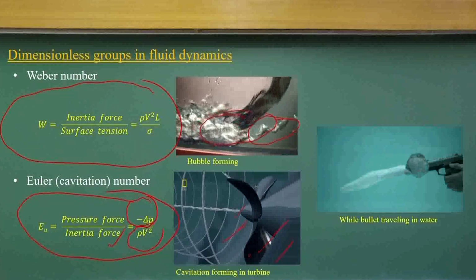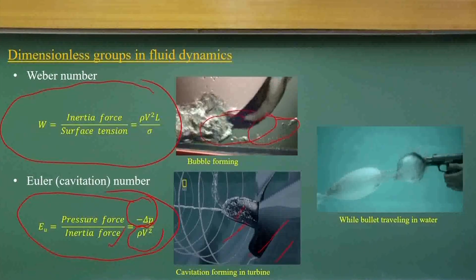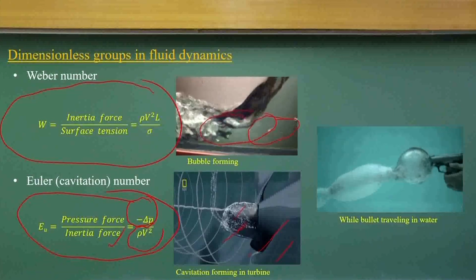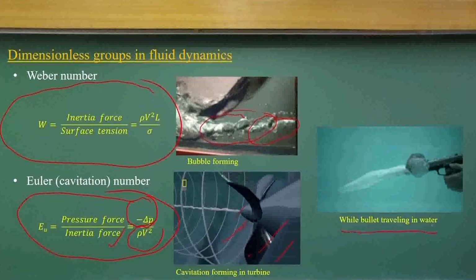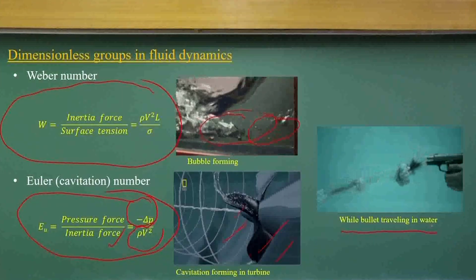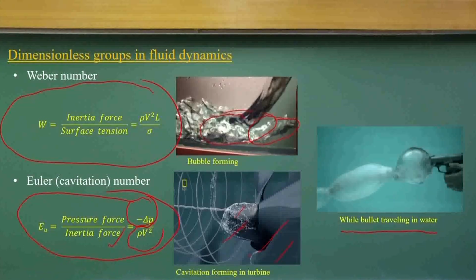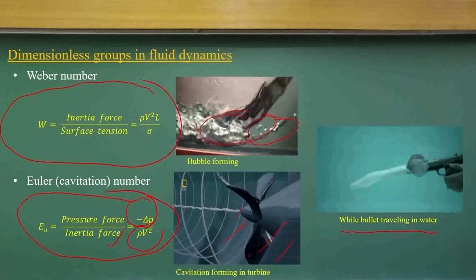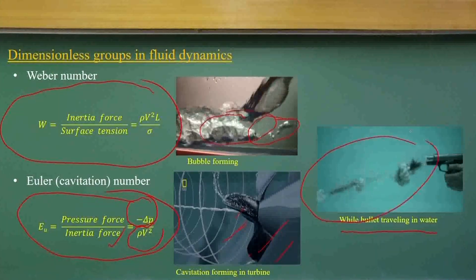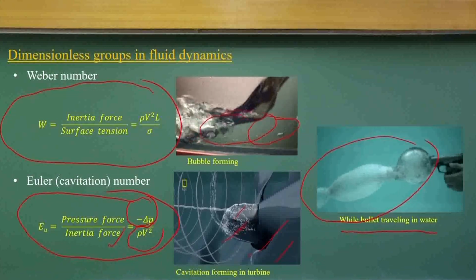But there are conditions where both things are dominant, like surface tension and cavitation, which happens together. It's a very interesting topic: if a bullet travels in water, surface tension as well as the pressure drop creates the cavitation process. So we can see the bubble formations and also the collapsing of the bubbles as the bullet travels.